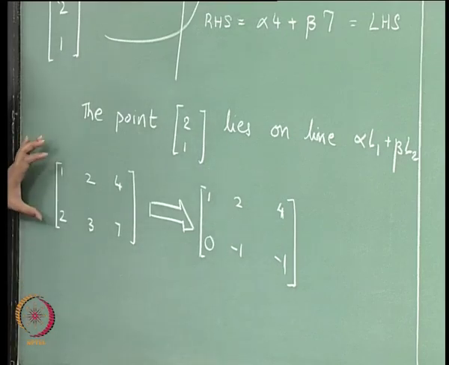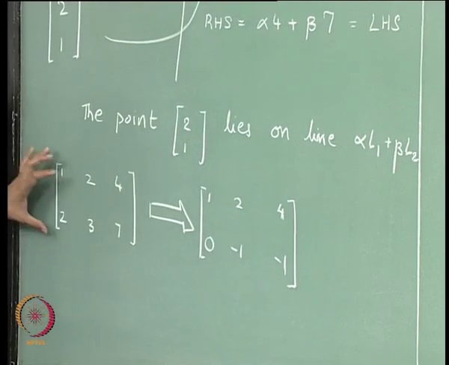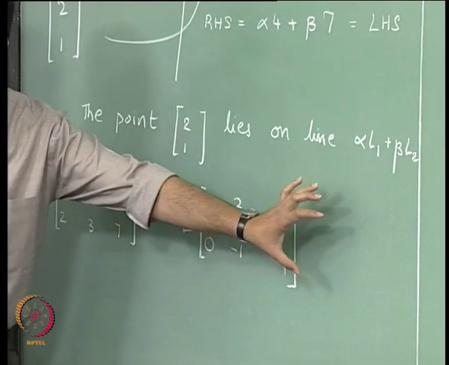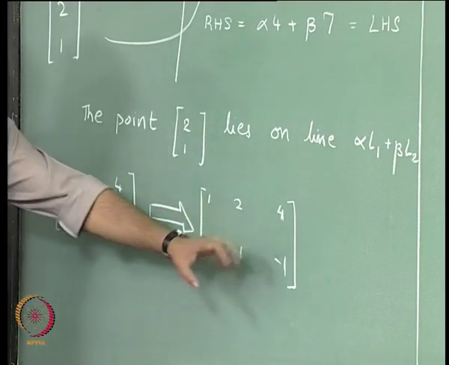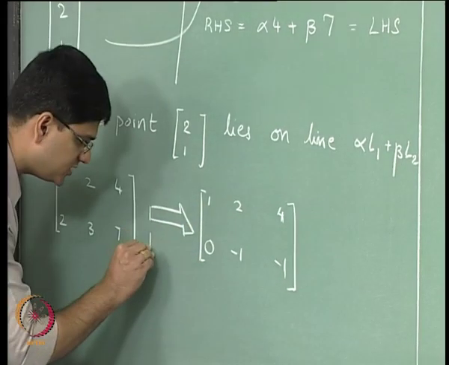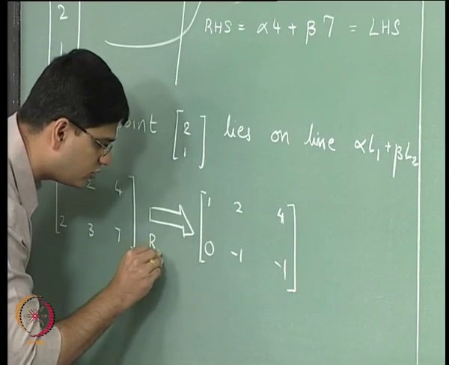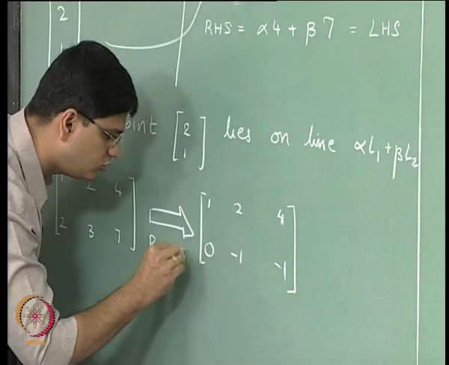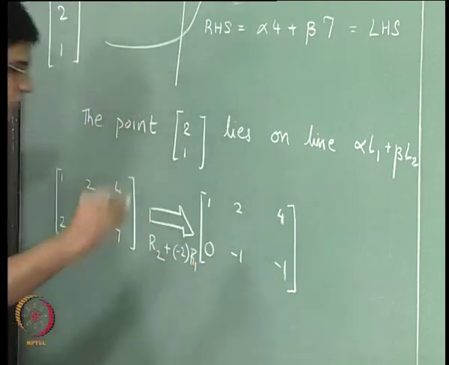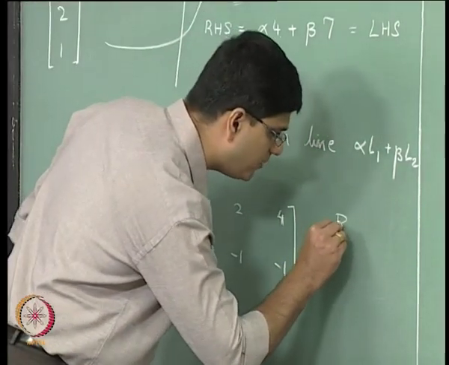So, what happened is we went from this matrix AB to this new matrix AB, and how did we go ahead and get this particular matrix? This particular matrix we got by taking row 2 and adding minus 2 multiplied by row 1 as row operation.